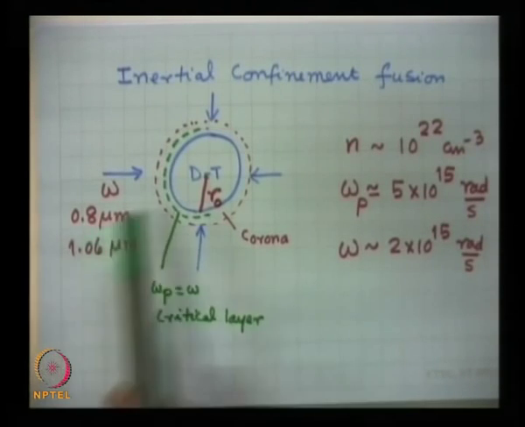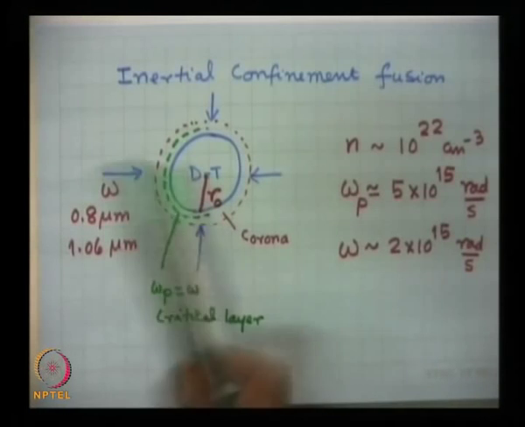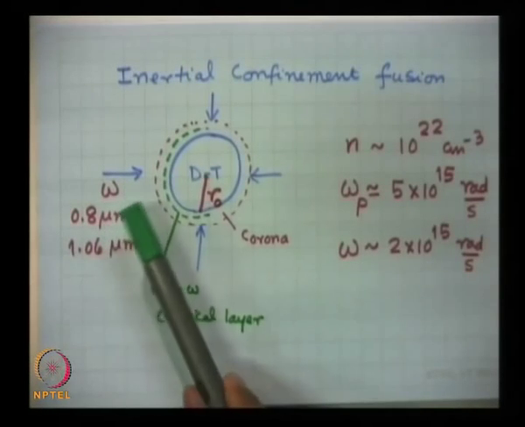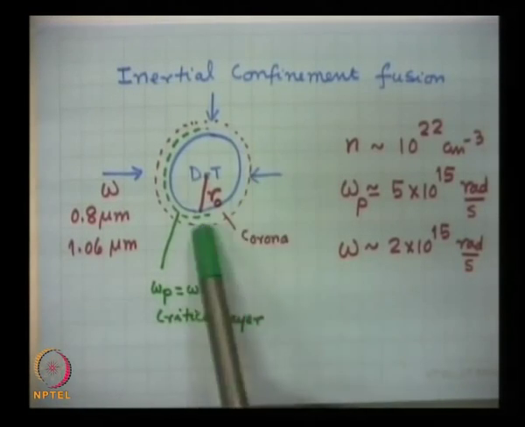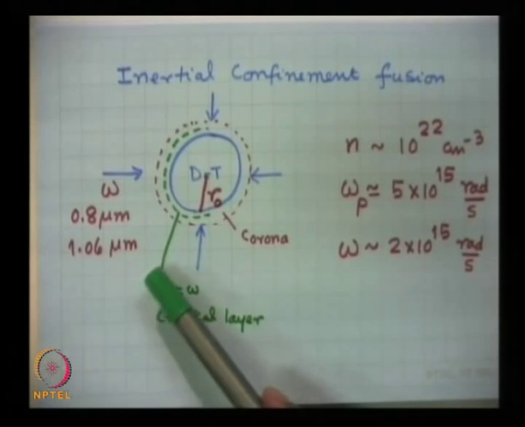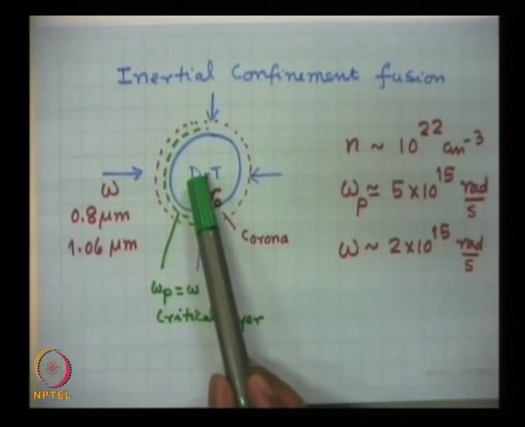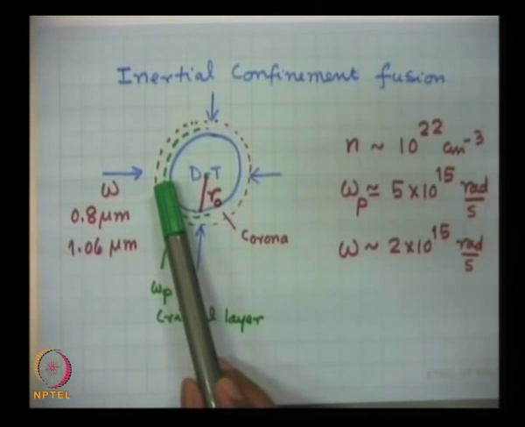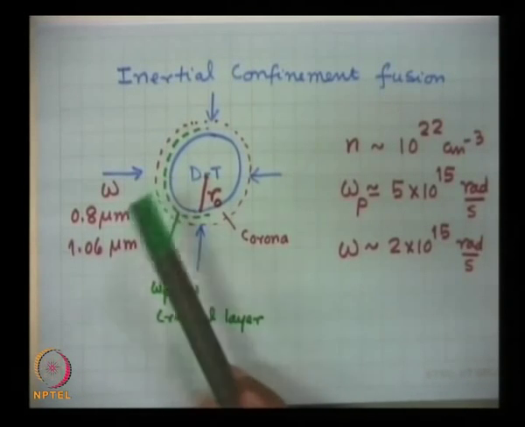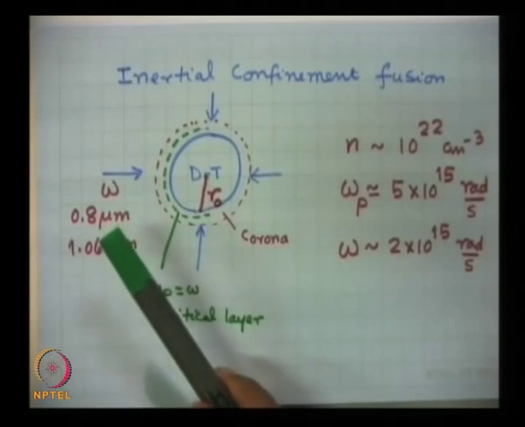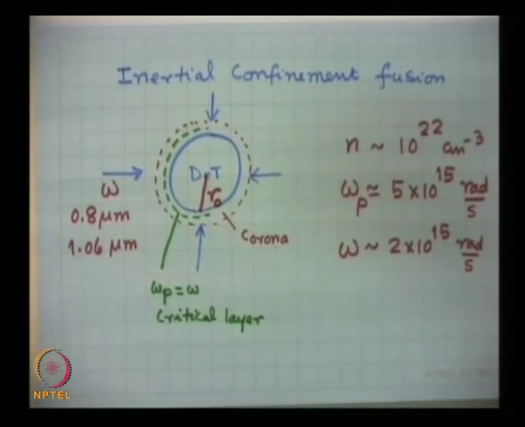And it will deposit its energy, so this gets heated. But you get a situation in which the outer region is very hot and hence the pressure is very large, whereas the inner region is relatively cold, and there is a sharp pressure gradient created near the critical layer, and that will launch a shock wave inward and compress the core.